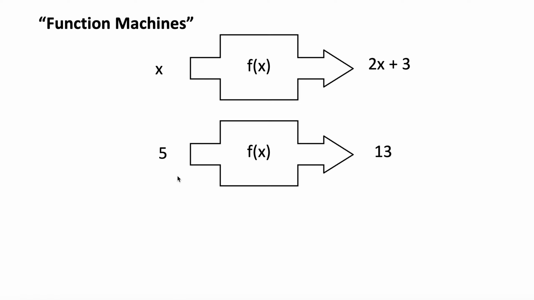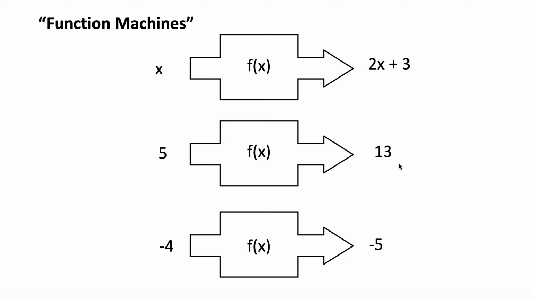If we start with 5 as our input, as our x value, 13 will be our output. 5 is the value of the independent variable, and the value of the dependent variable in this case will be 13. If x was -4, then y will be -5.